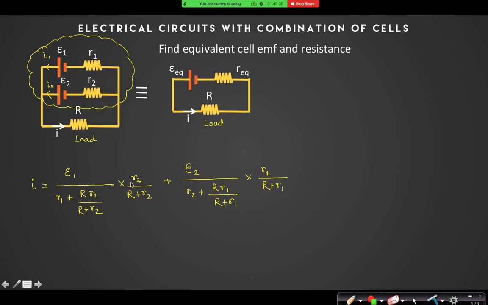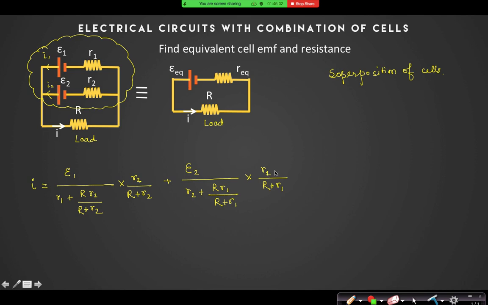Look, how I have written this current expression, let me explain that. Although I am very sure that you have found the current by using the KVL and KCL equations that I have just mentioned, there is another way, known as the superposition principle, right? Superposition of cells.